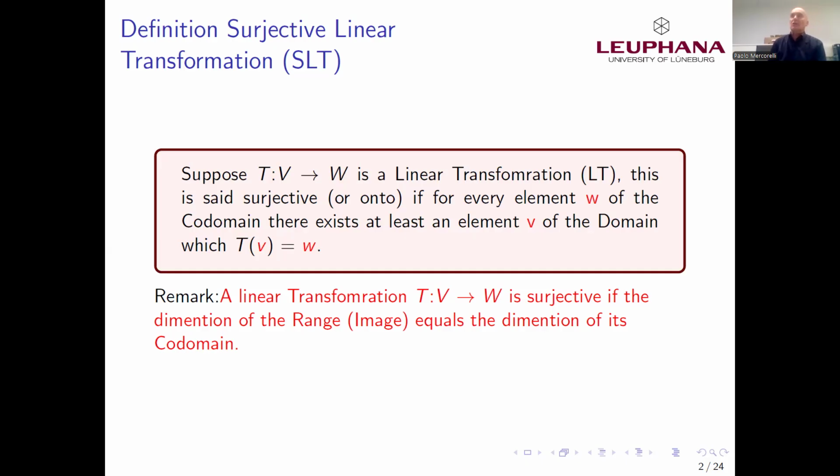Look, we have a linear transformation from V to W. It is said to be surjective, sometimes called onto in some books, if for every element W of the codomain, there exists at least an element V of the domain such that T of V equals W. It is exactly what I told you.